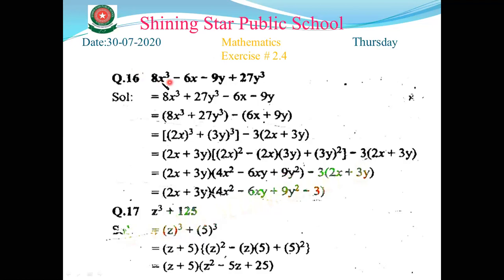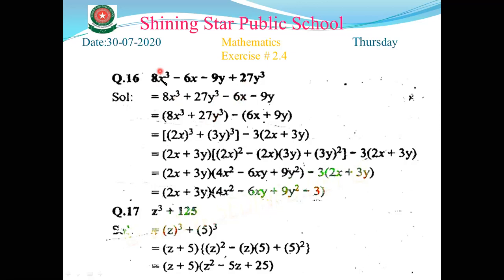8x cube minus 6x minus 9y plus 27y cube. First of all, we combine the first and last two terms because 8 is the perfect cube of 2 and 27 is the cube of 3.